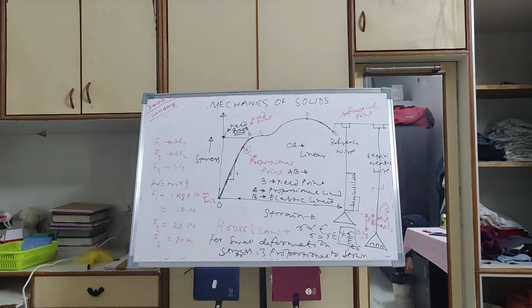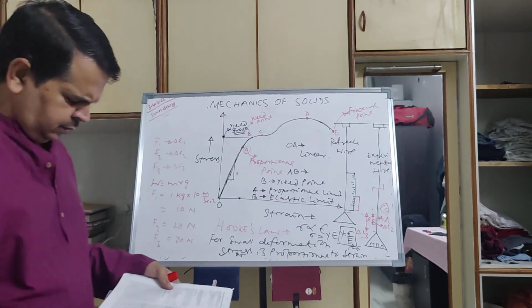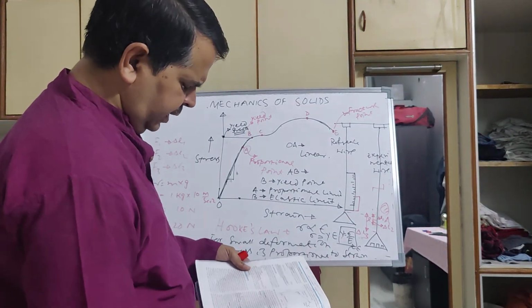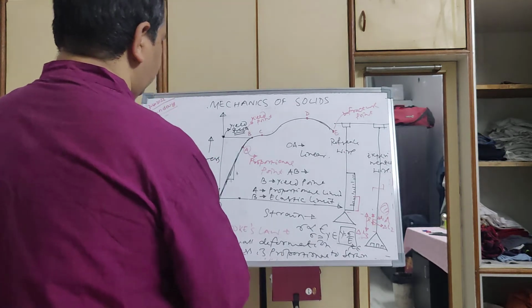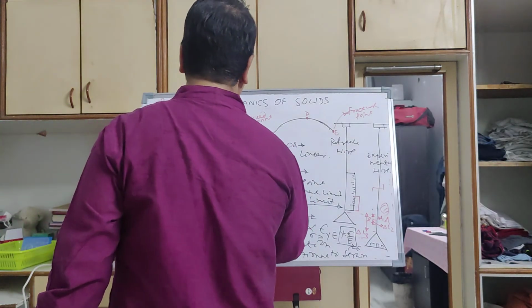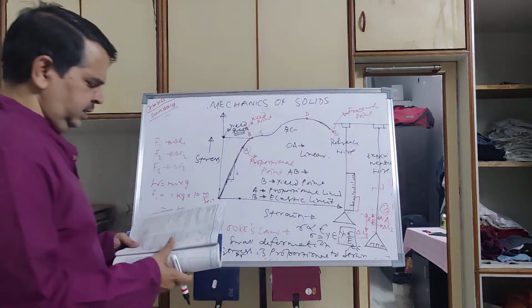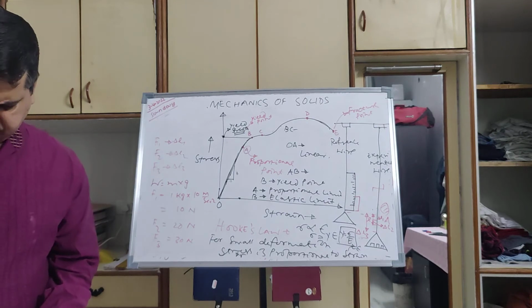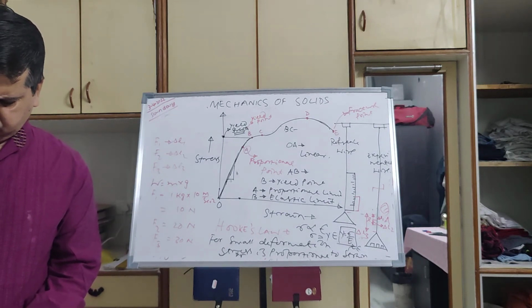So now we are going beyond B. We have gone through OA and AB. Now we will go to the region BC. The portion of the curve between B and C is shown here.